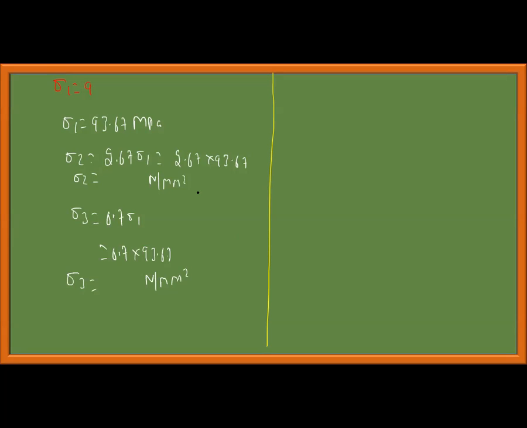In MPa or Newton per mm square. Sigma 2 equals 250.3. Sigma 3 is 65.56 Newton per mm square. These are the stresses induced in the three members: aluminum, steel, and copper.